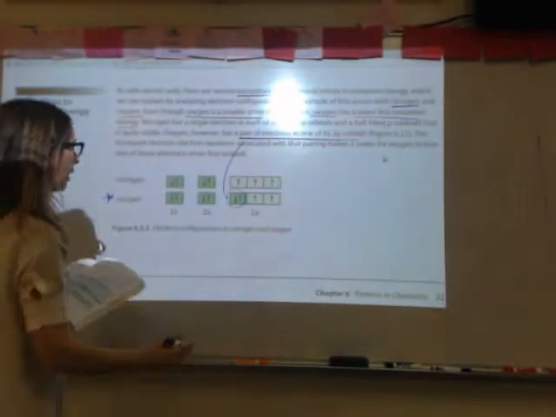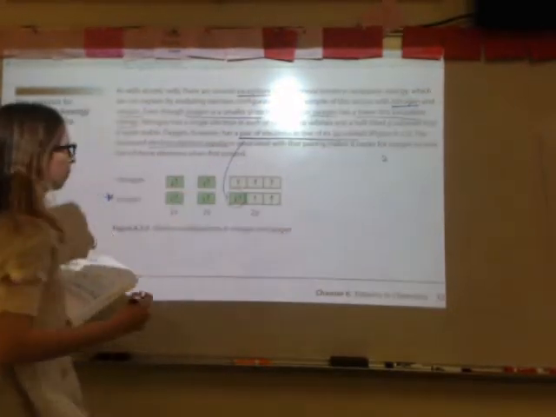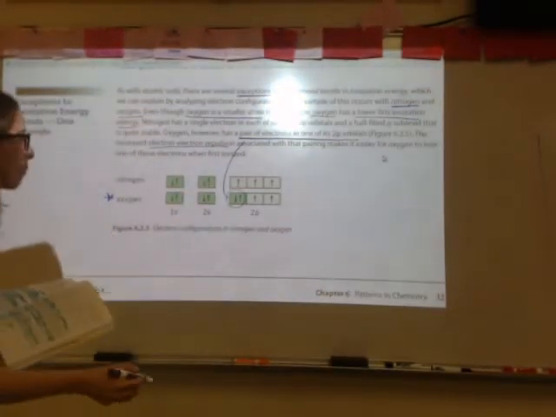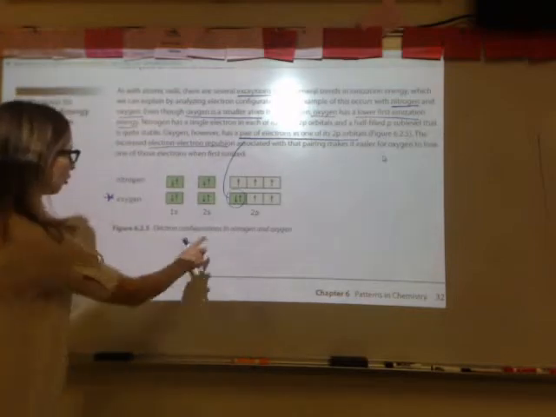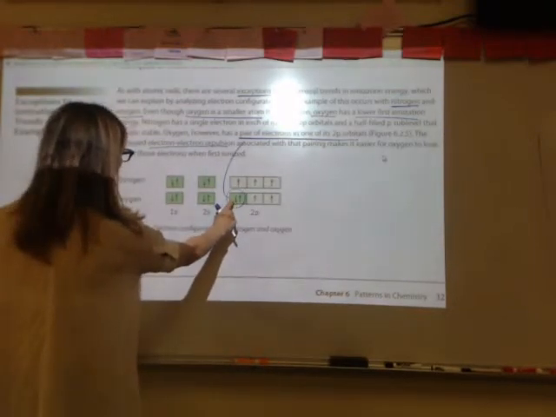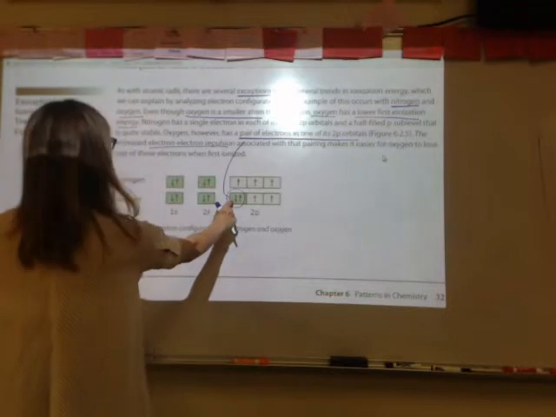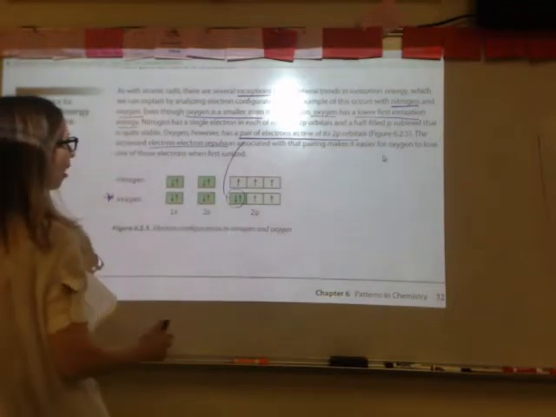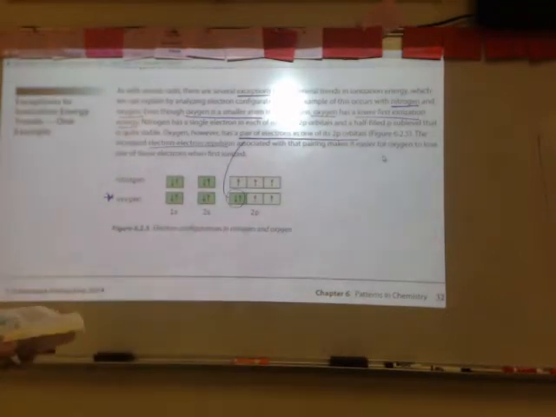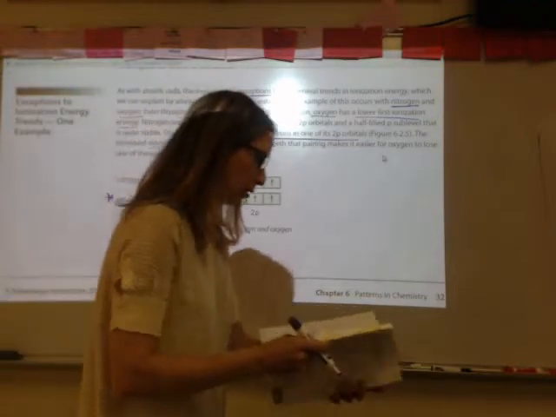Why is that significant? Those electrons repel each other, and that makes it easier for oxygen to lose one of those electrons when it's first ionized. So this explains why oxygen has a lower first ionization energy than nitrogen does.